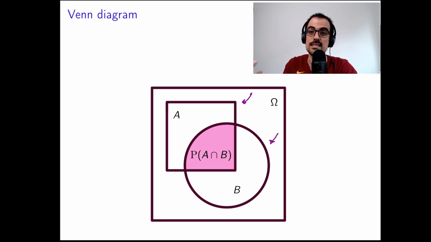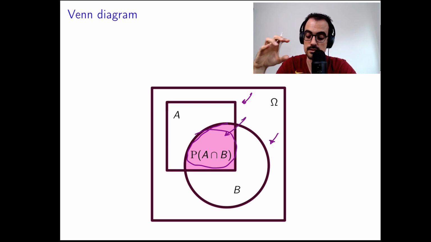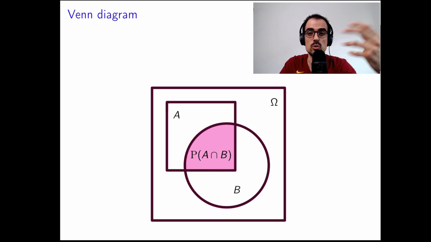And what's neat is that because of how we have defined probability, it has to be the case that the probability of the intersection is just the area of this shape here, the intersection between the square and the circle, because that contains the outcomes that are both in A and in B. Venn diagrams can be extremely useful to visualize properties of probability. I'll show you an example in a moment.